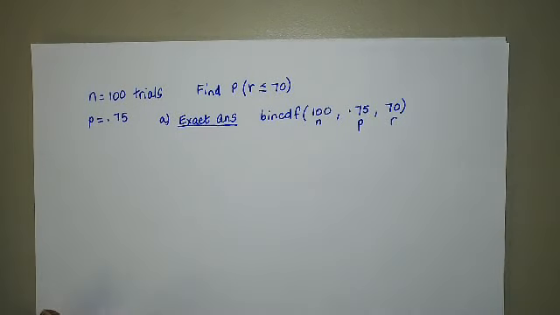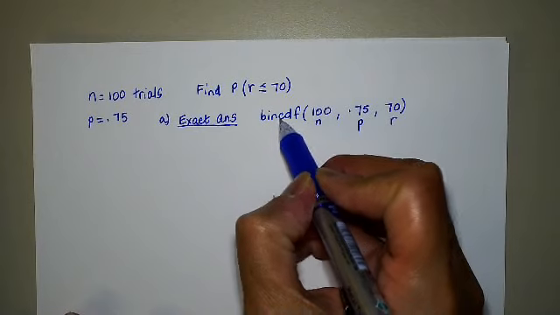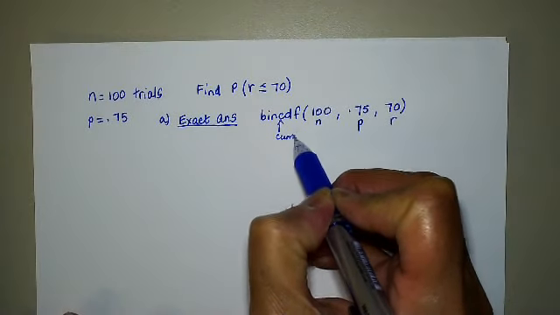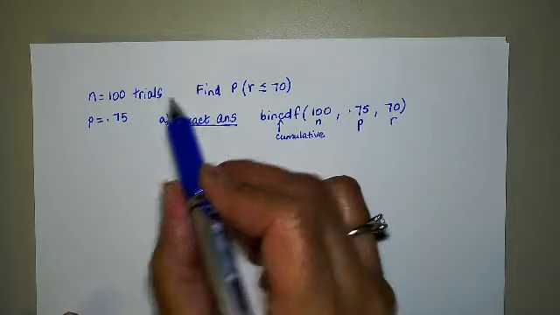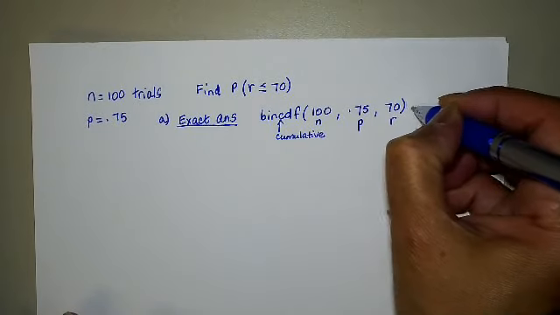Agree? It's CDF for cumulative, meaning I want the probability of 70, 69, 68, all the way down to 0.